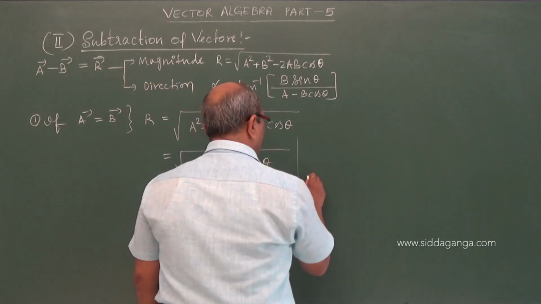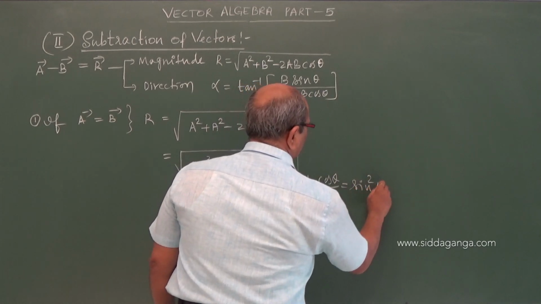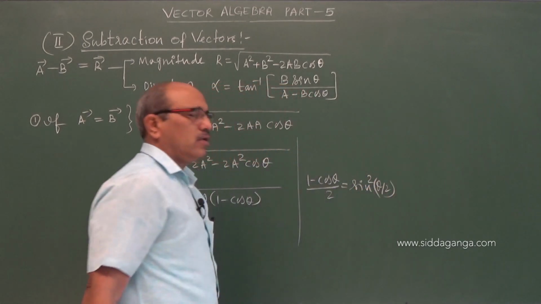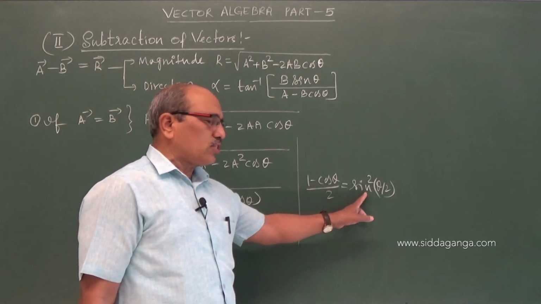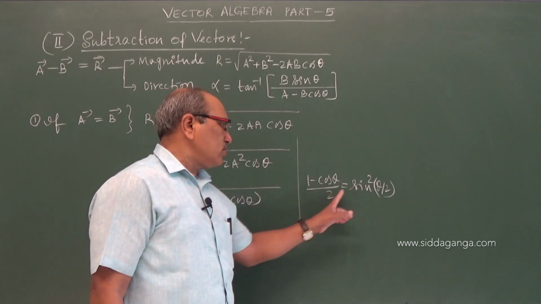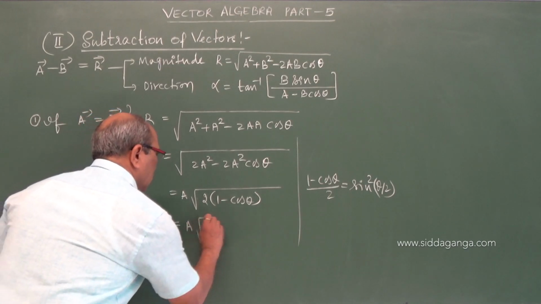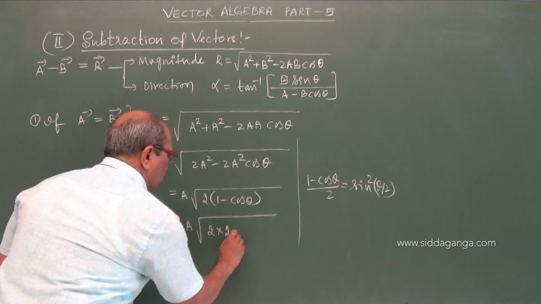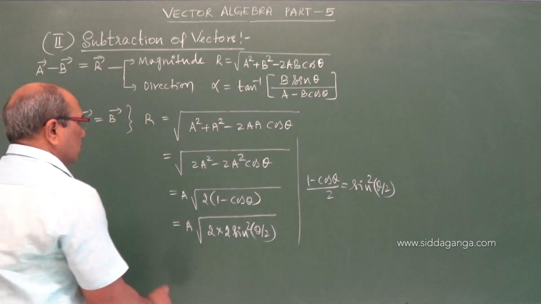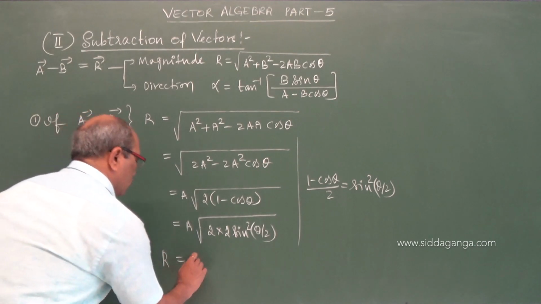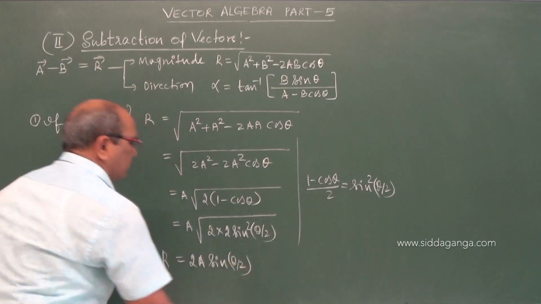Similarly, 1 minus cos theta by 2 is equal to sin square theta by 2. As we have taken in the previous case, 1 plus cos theta by 2 is cos square theta by 2, and 1 minus cos theta by 2 is sin square theta by 2. If I substitute here, a into root of 2 into sin square theta by 2, the resultant becomes 2a sin theta by 2.